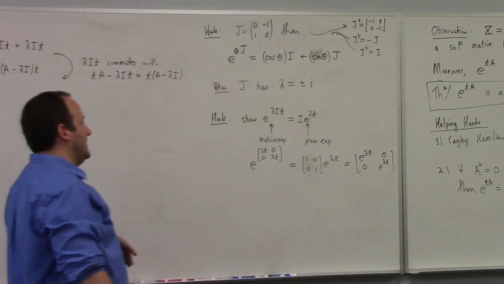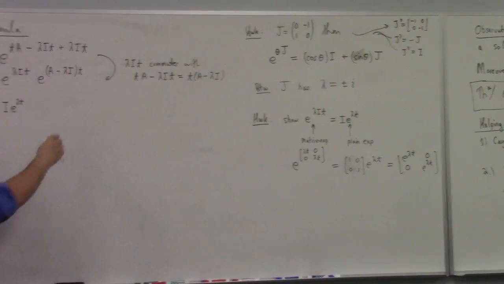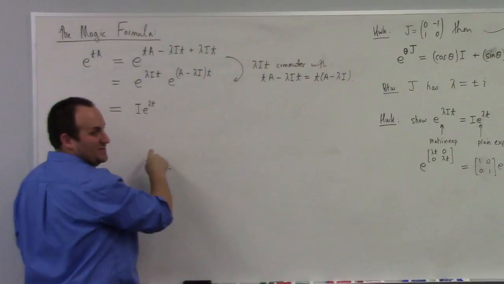So this is an identity for the matrix exponential. The matrix exponential of a diagonal matrix is the matrix whose diagonal are the exponential of the diagonal. Or e to the lambda It is I times e to the lambda t.